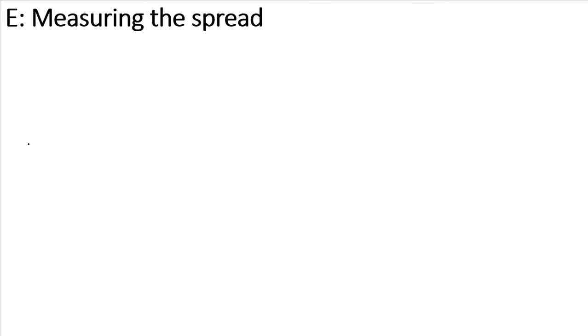Now that we have learned how to calculate the middle of a dataset, in this video we are going to focus on the spread or variation of a dataset. We can do that in three different ways.